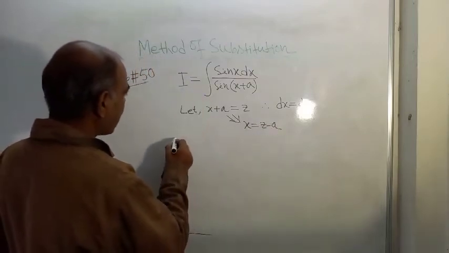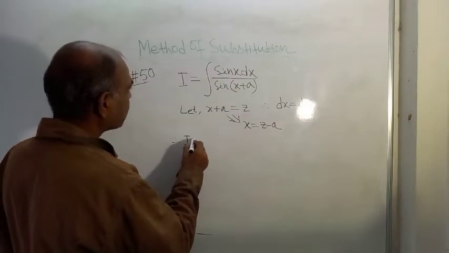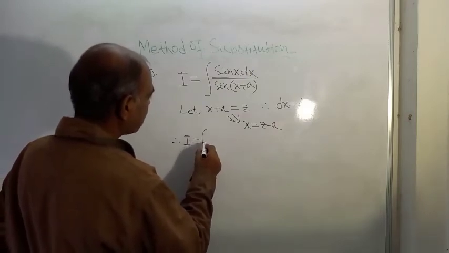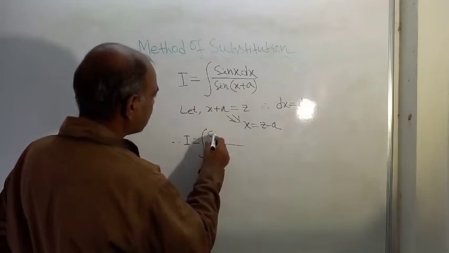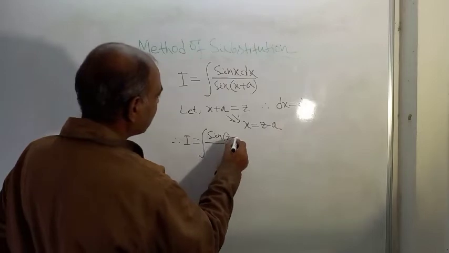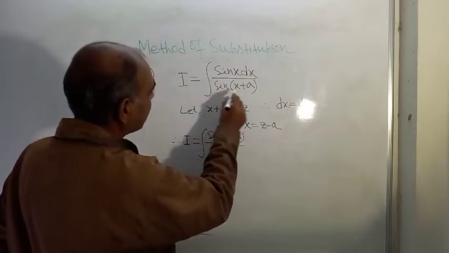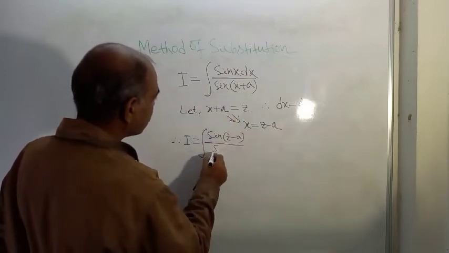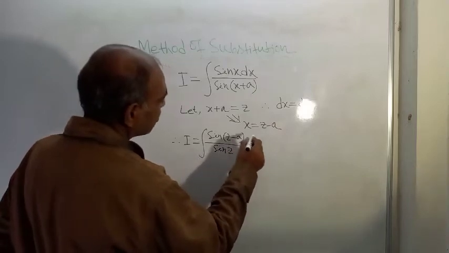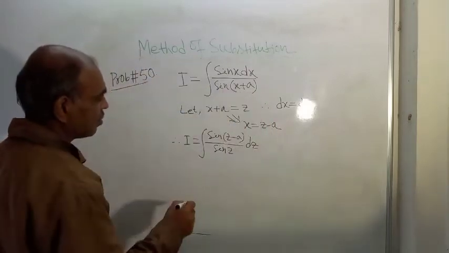Now the integral I becomes: sin x is there, so x means z minus a, and sin(x plus a) is sin z, dz, since dx is equal to dz.